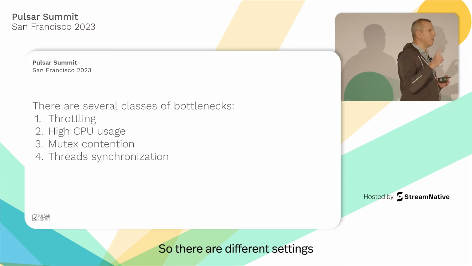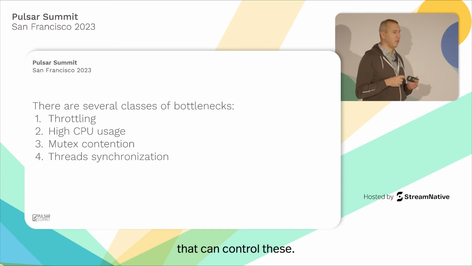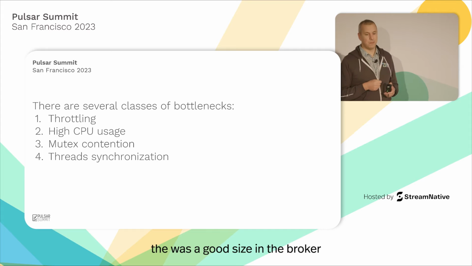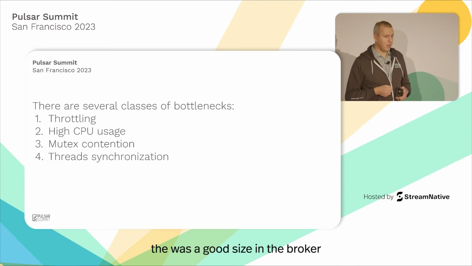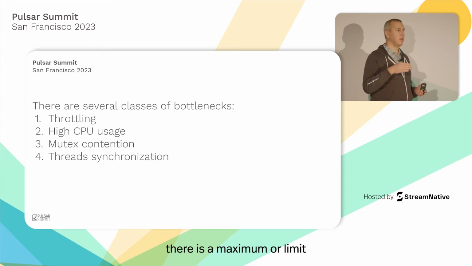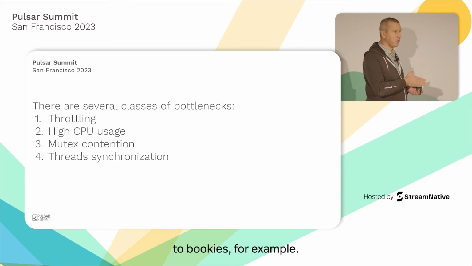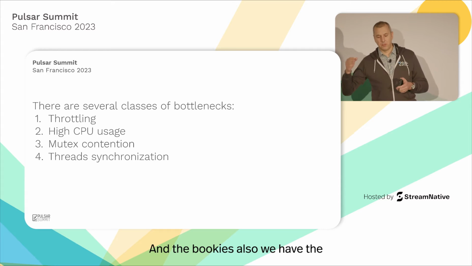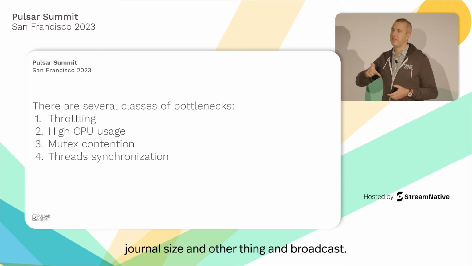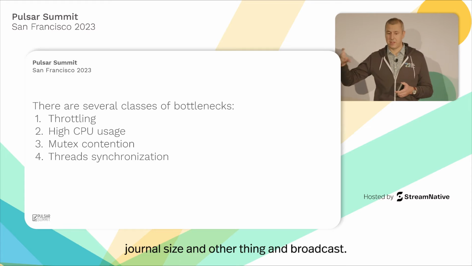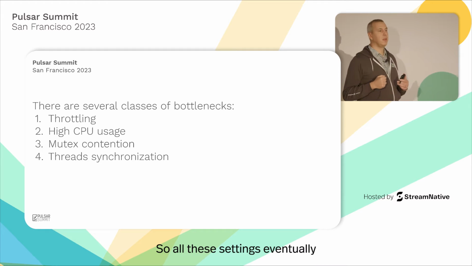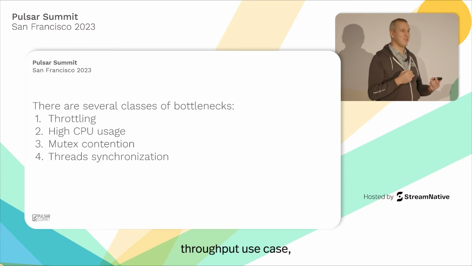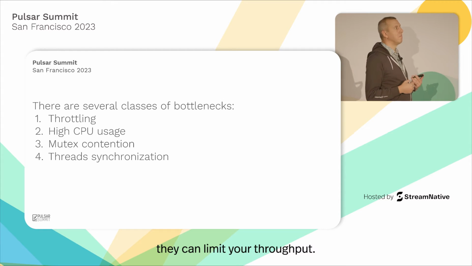So there are different settings that you can use to control this. For example, in Pulsar, you will use the Pulsar queue size. In the broker, there is a max memory limit for outstanding data from brokers to bookies, for example. Bookies also will have a journal size and other things, and a write cache. So all these settings, if they're too low for the particular throughput use case, can limit your throughput.